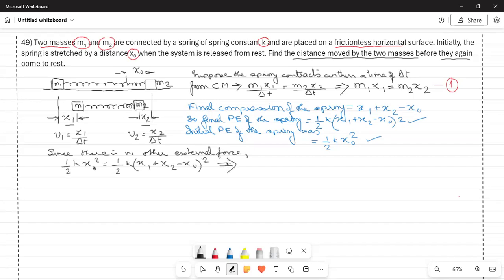From here we get x0 square is equal to x1 plus x2 minus x0 whole square.